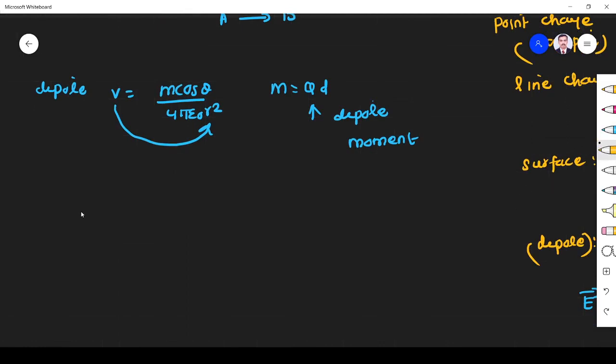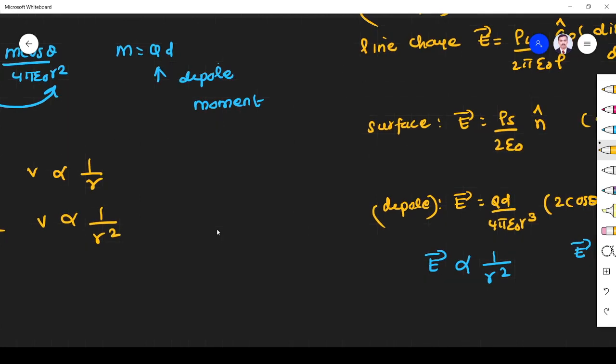You see, V is directly proportional to 1 by R for a monopole. For a dipole, V is directly proportional to 1 by R square. Fine. So this is another thing we must know. Here also, qd is nothing but m, that is our dipole moment.